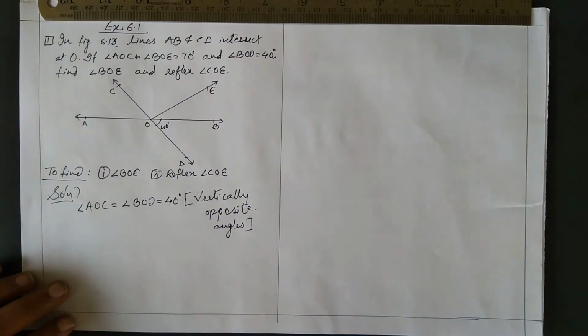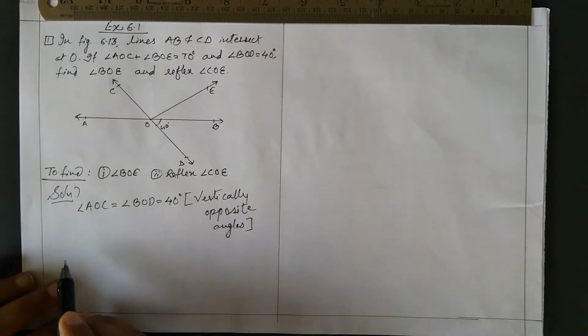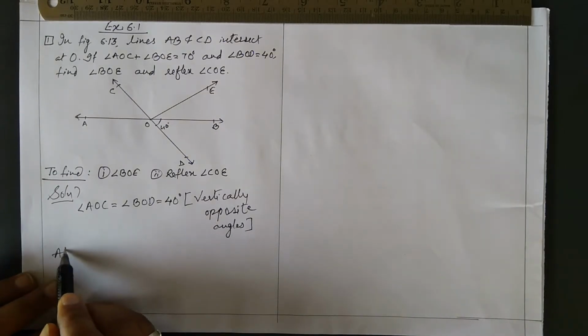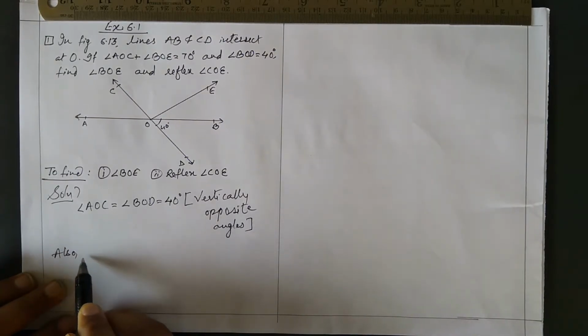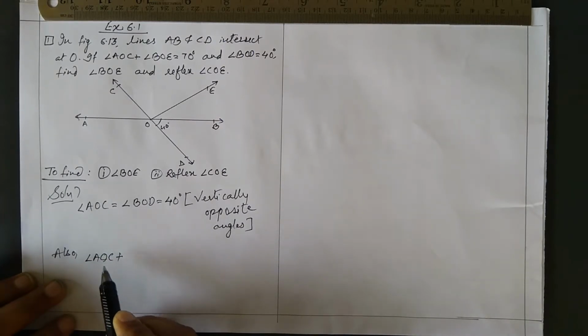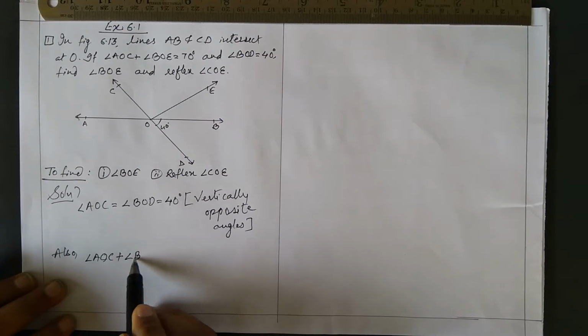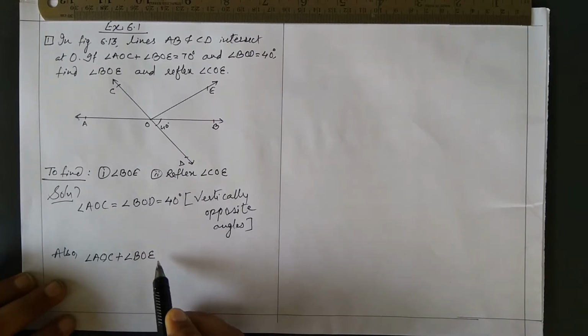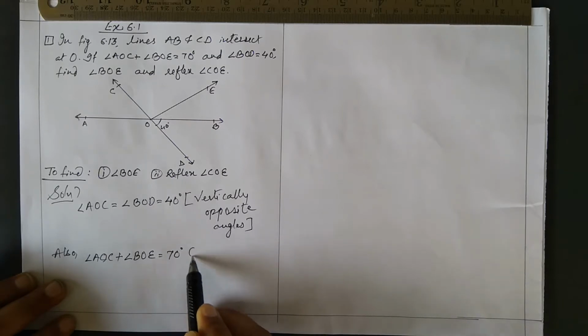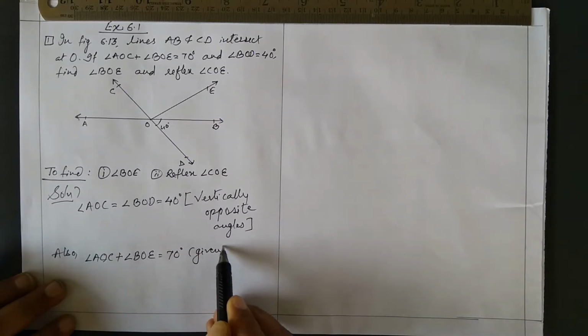Now also angle AOC plus angle BOE is equal to 70 degrees. This is given to you, correct?